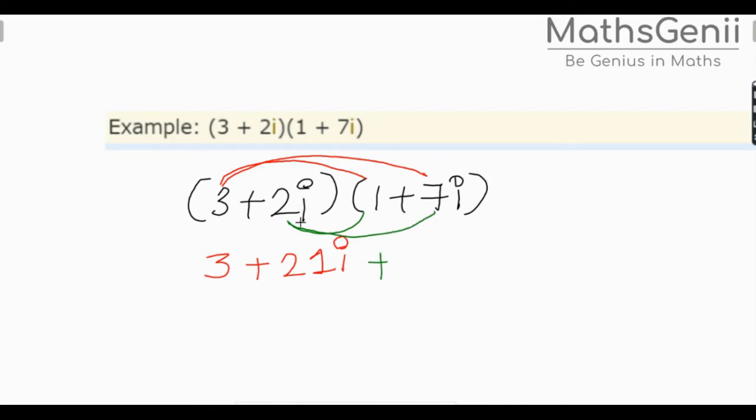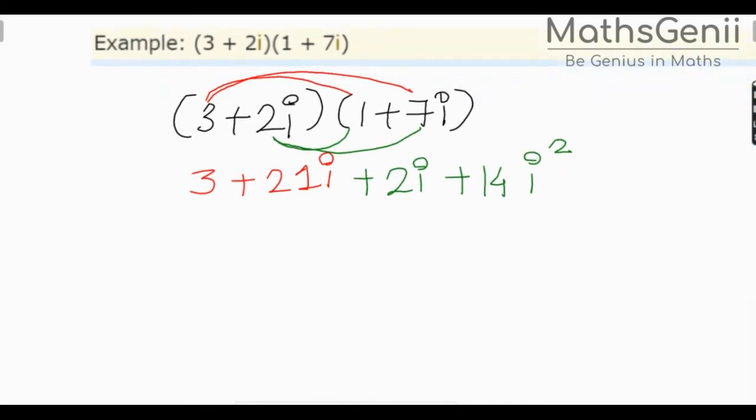So 2i into 1, anything into 1 is that number itself, plus 2 sevens are 14, i into i square, correct? Now let's go ahead. 3 plus 21i plus 2i plus 14 i square.